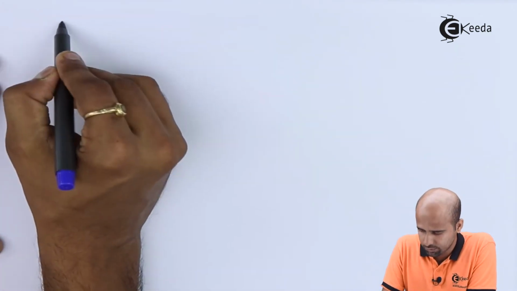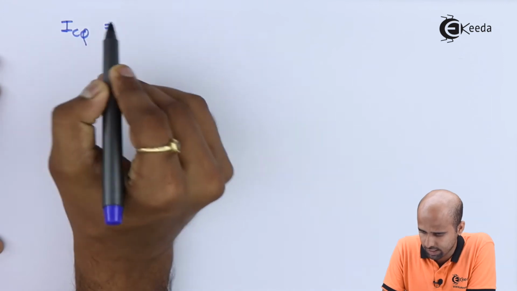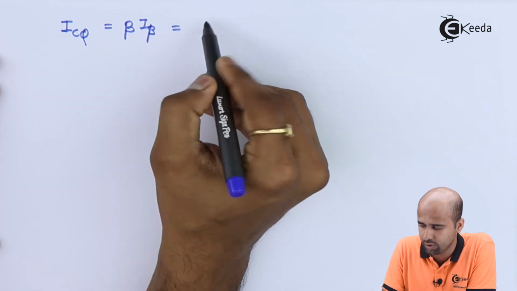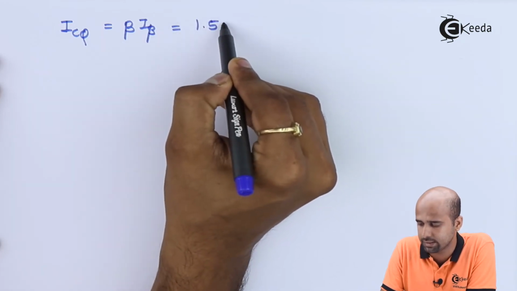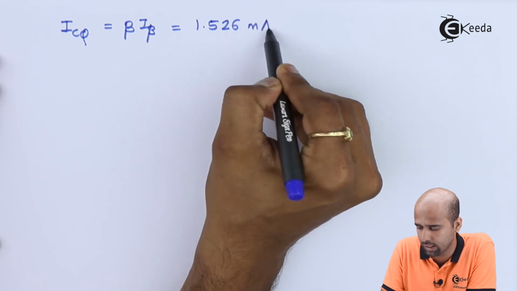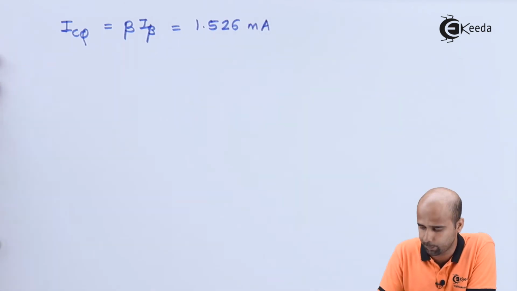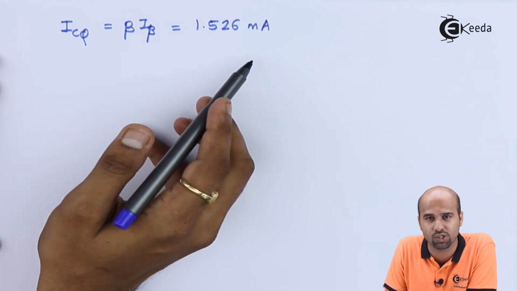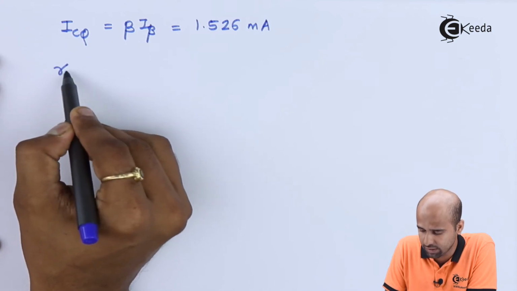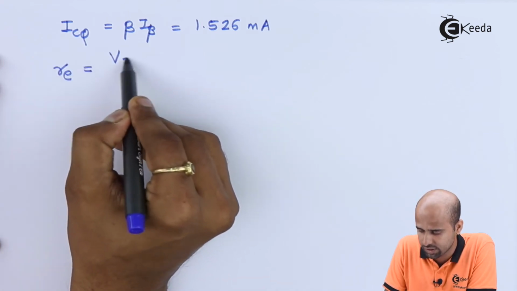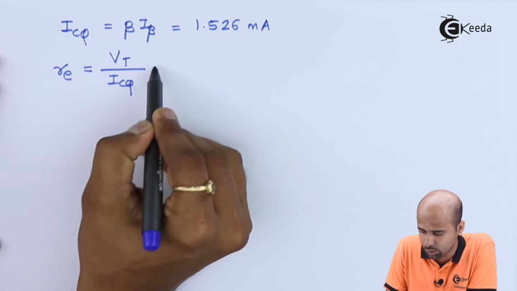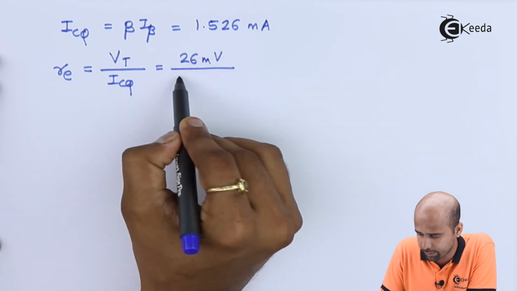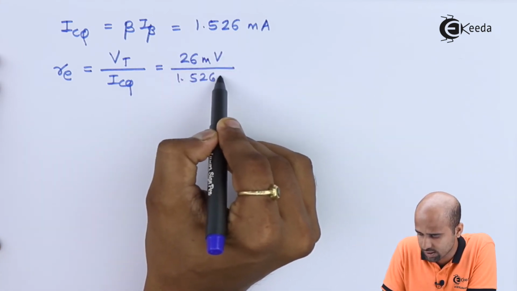We will proceed further to the calculation of IC. ICQ is beta multiplied by IB, so we get 1.526 milliampere. This is the value of ICQ. After calculating ICQ, we will not proceed to find the Q point, since here they have not asked us to find it. Rather, we'll calculate the value of small re, which is Vt divided by ICQ, equal to 26 millivolts divided by 1.526 milliampere.